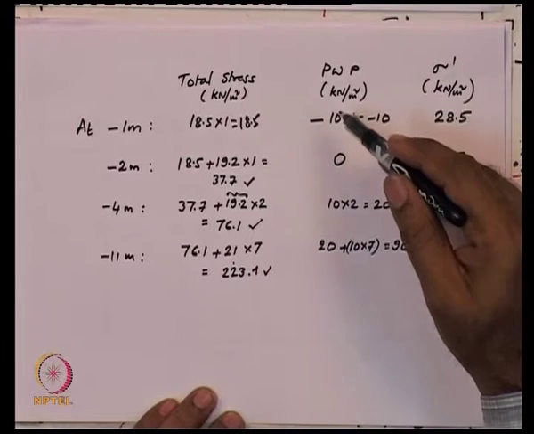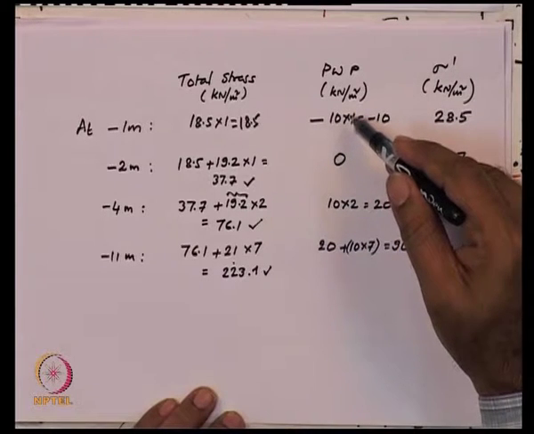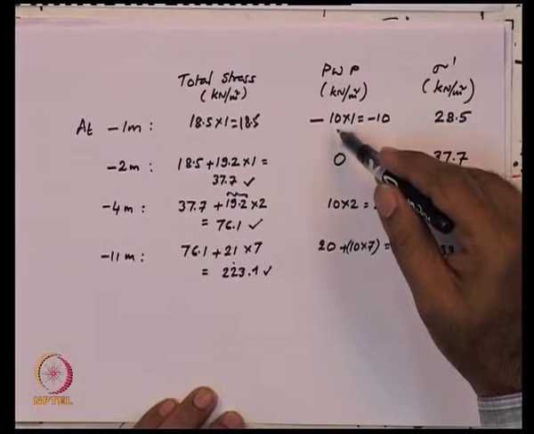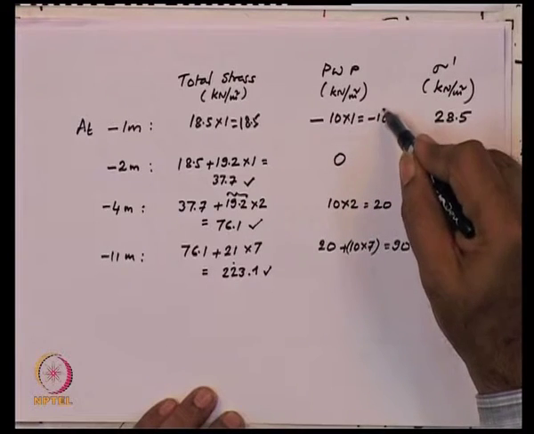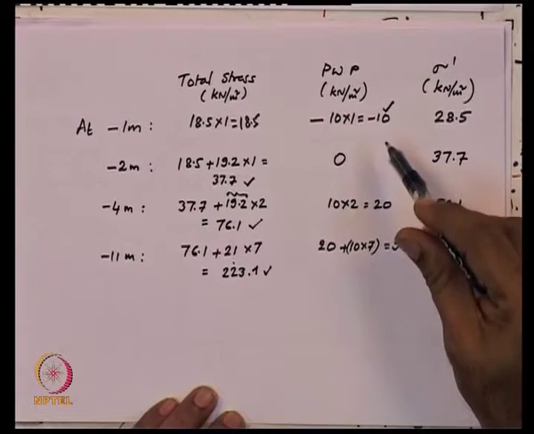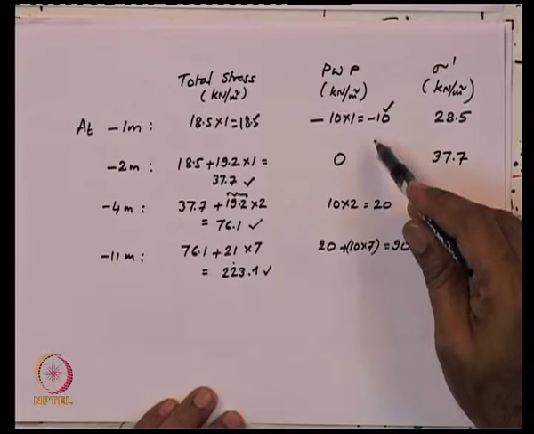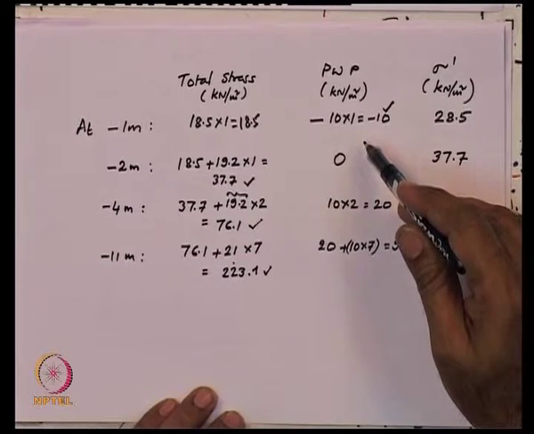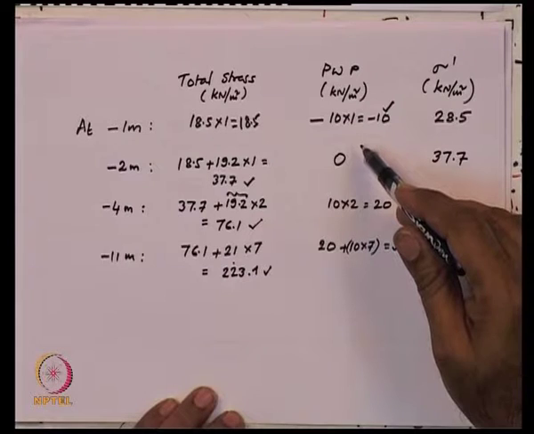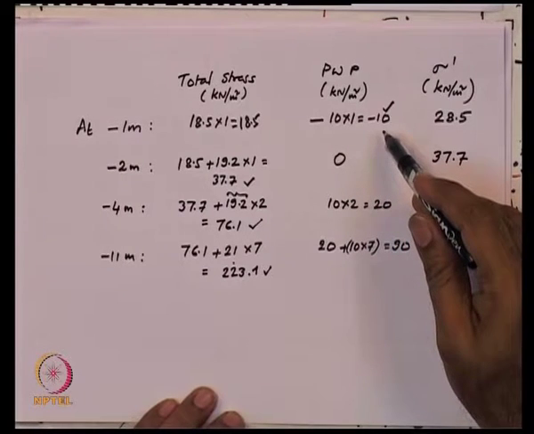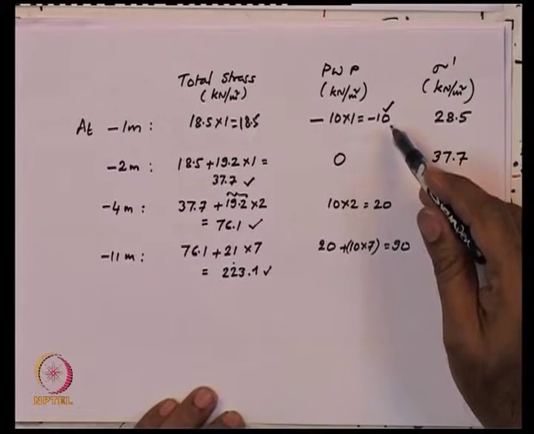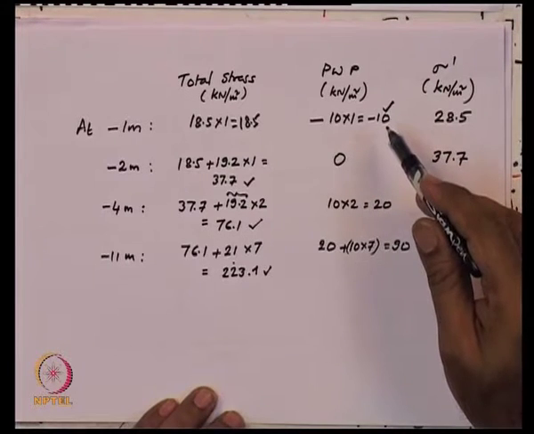So in that case, minus gamma W into 1, that is minus 10 into 1, minus 10 kilonewton per meter square is the negative pore water pressure exhibited by the soil at level 1-1. So at level 1-1, that is elevation -1 meter, the negative pore water pressure is -10 kilopascals.